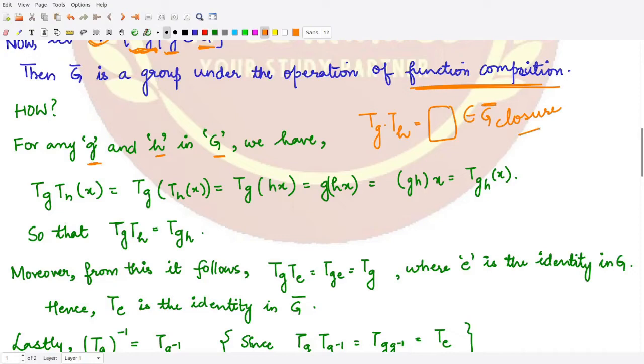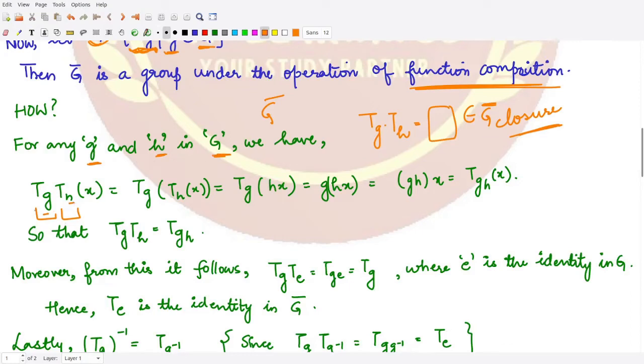That is what we want to check under the closure property.